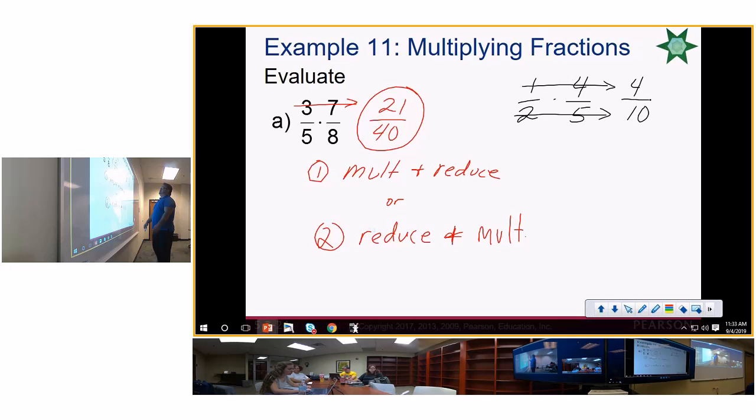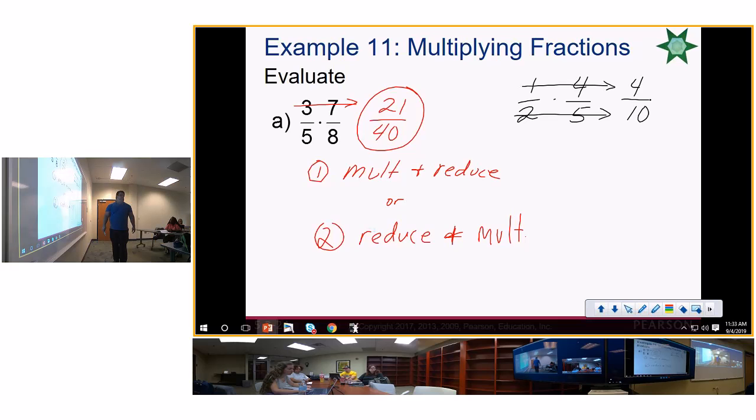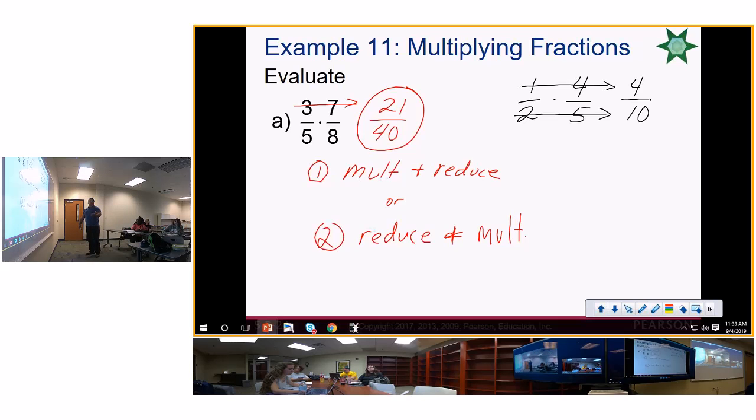But what do I need to do here? I need to divide again, reduce, because 4/10 is not in simplest form. I can divide 4 by 2, divide by 2, divide by 2, because we know that they're both even, and I get what? 2 over what?